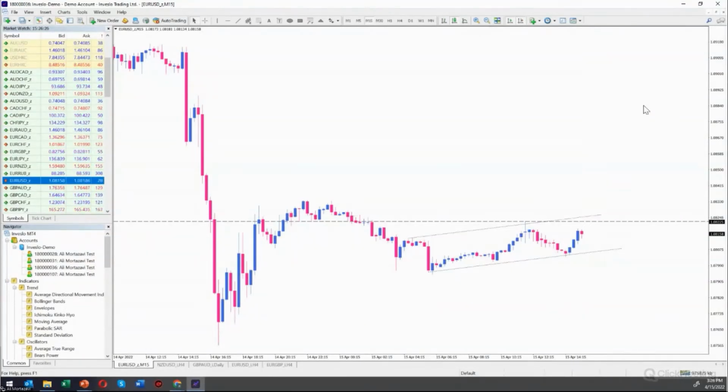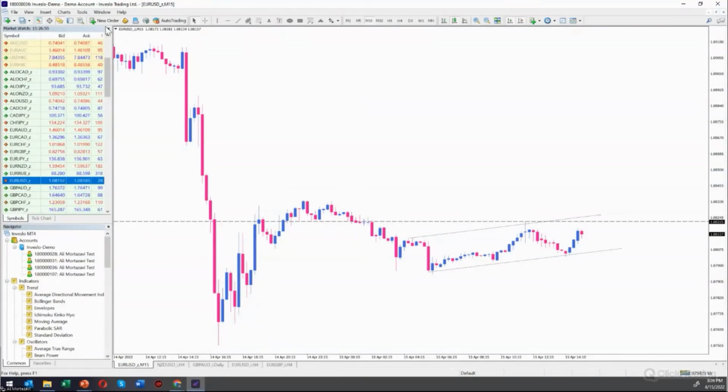Okay, so if you can conclude your analysis based on this theory, you can place a buy stop order some pips above this level, or above this ascending channel's dynamic resistance here.